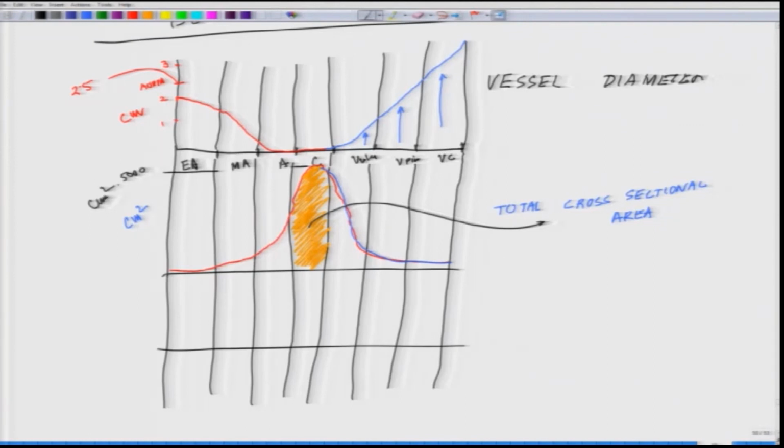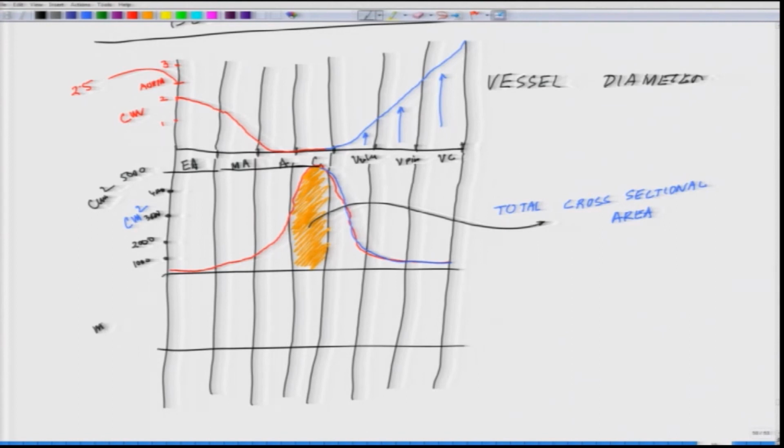So, if this is 5,000, then 4,000, 3,000, 2,000, 1,000. This is the cross sectional area we talk about.